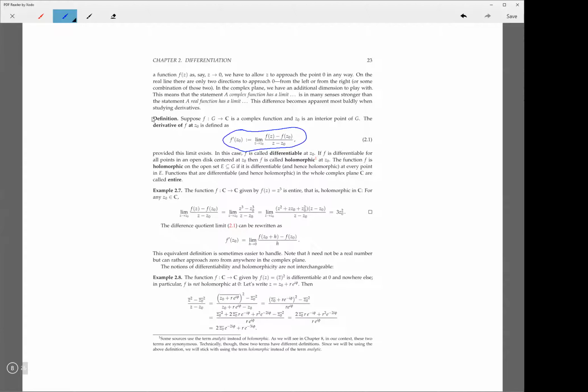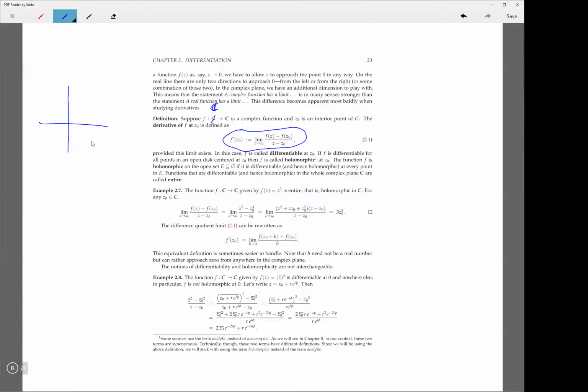Okay, so G is a set in the complex numbers. You could also just think of this as being C to C, I'm fine with that. I think it wouldn't make much difference. It's just a technicality.